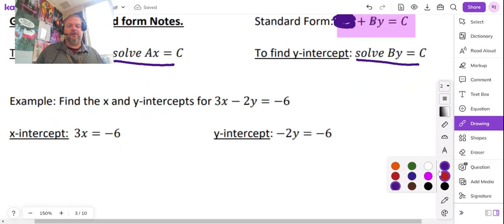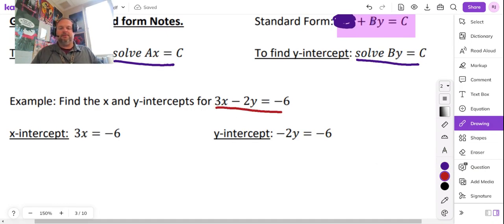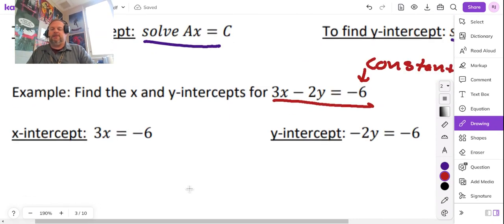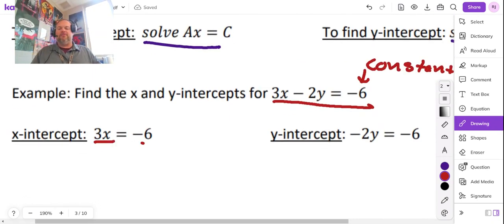Here's our first example. This is in standard form. I pulled this off to the side, like I covered up the y term. We just have the x term and the constant right here. This c is always called the constant. How would I solve this equation?